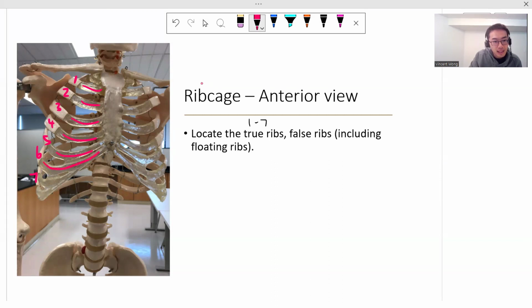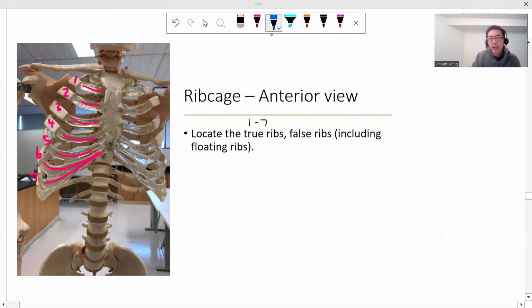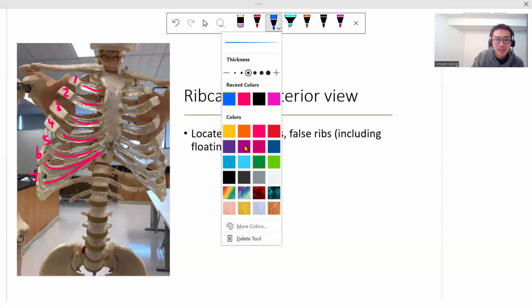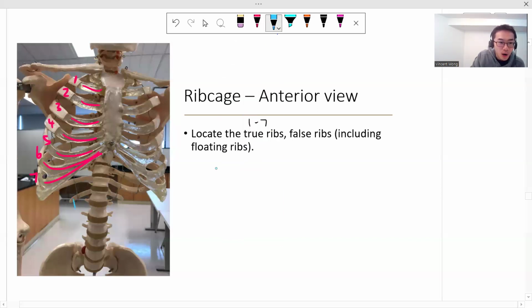And then the other ones are a little bit harder to see. I'm going to cheat a little bit. I have to count backwards because it's really hard to see on the diagram. This is 12 and 11. So 12 and 11, they are floating ribs.